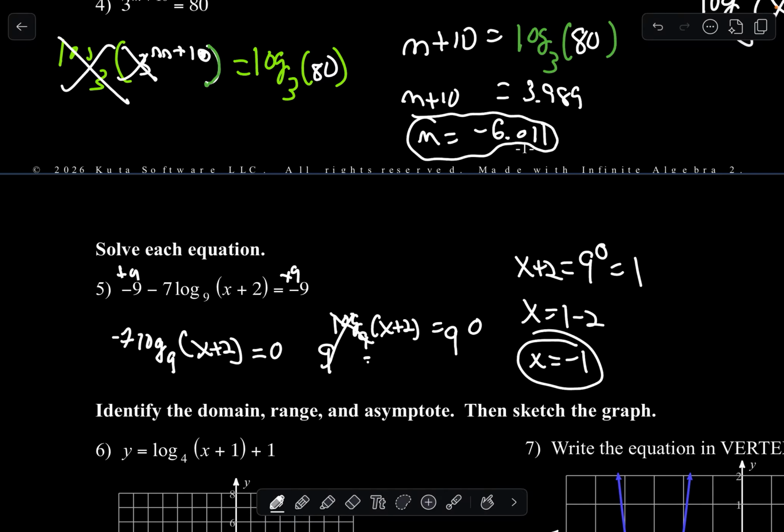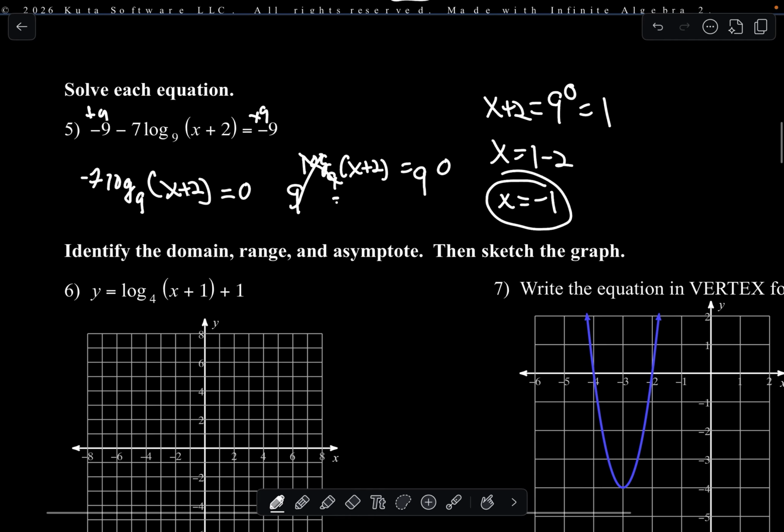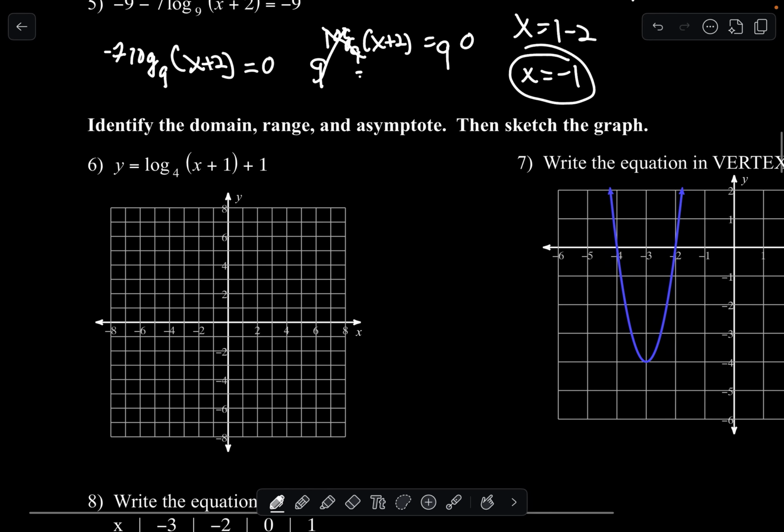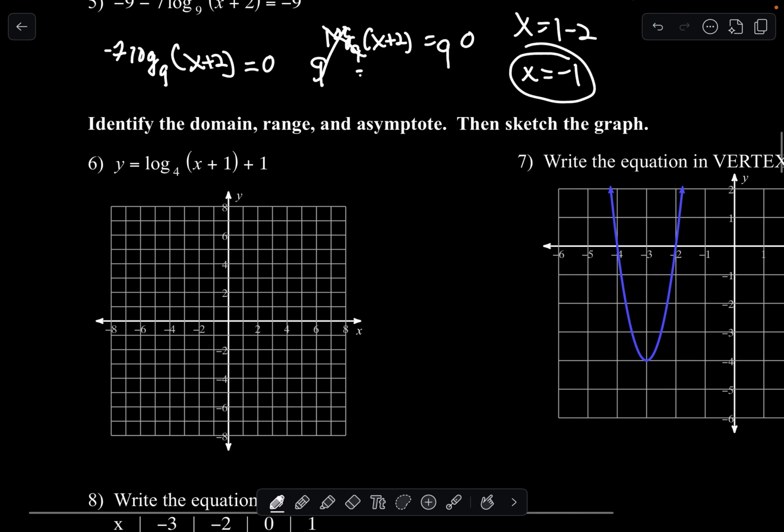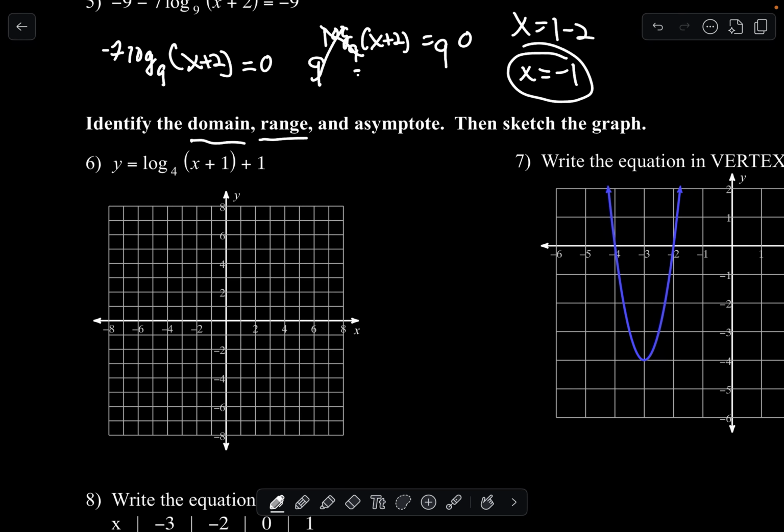And that's the answer. All right, on question 6, they're asking you to graph the logarithmic function, identify the domain, the range, and the asymptote. All right? So, first of all, for a logarithm, since it's the inverse of an exponential, the domain of the logarithm is very similar to the domain of an exponential.